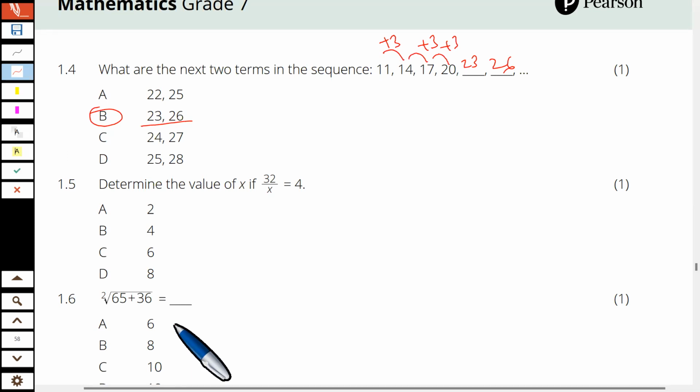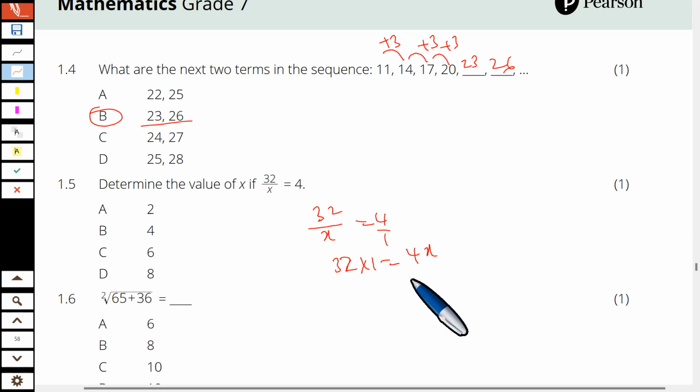Okay, let's check together. In 1.5, you have 32 over x is equal to 4. So what you do, you cross multiply. If you cross multiply, it becomes 32 by 1 is equal to 4x.